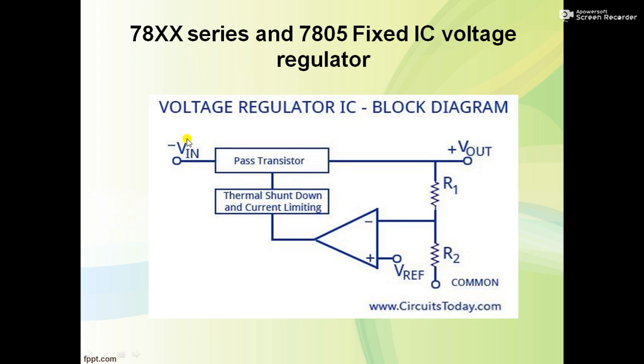So basically we are applying the input voltage Vin to this pass transistor, and the output of the pass transistor is Vout.